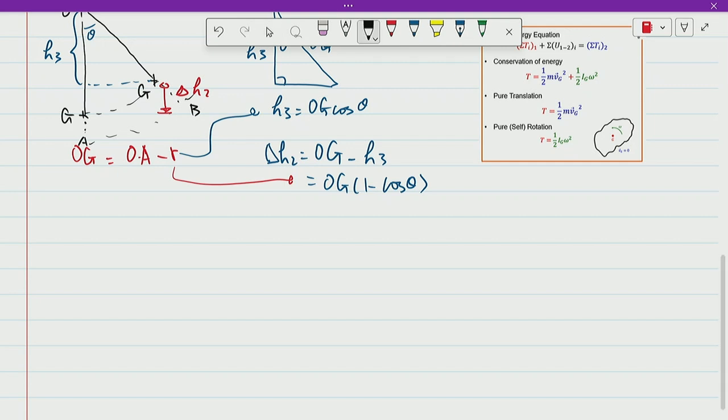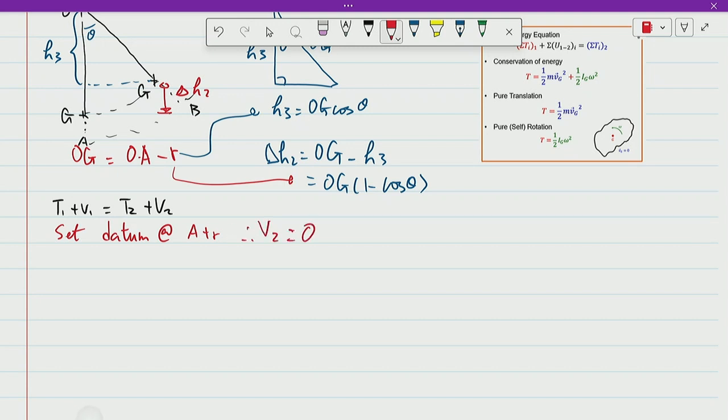Knock on wood. Okay, so now we can look back at our energy equation. Questions so far? All that was just trigonometry, but now we're going back to the dynamic side of things. We're going to make our life a little bit easier by setting the datum at OA plus R. This allows us to say that the potential energy at the final state is 0.